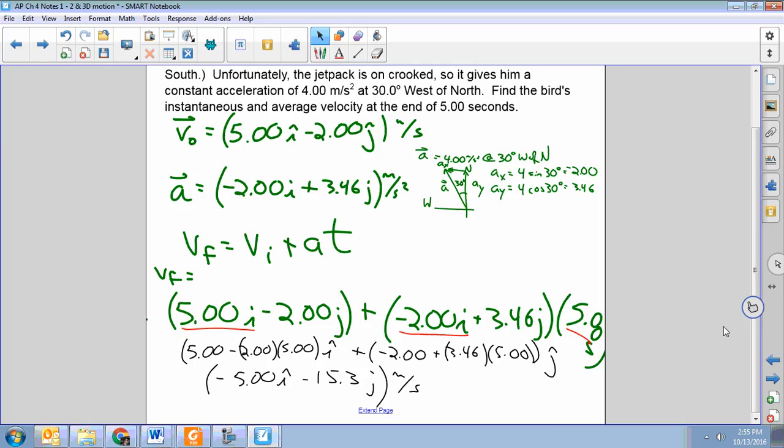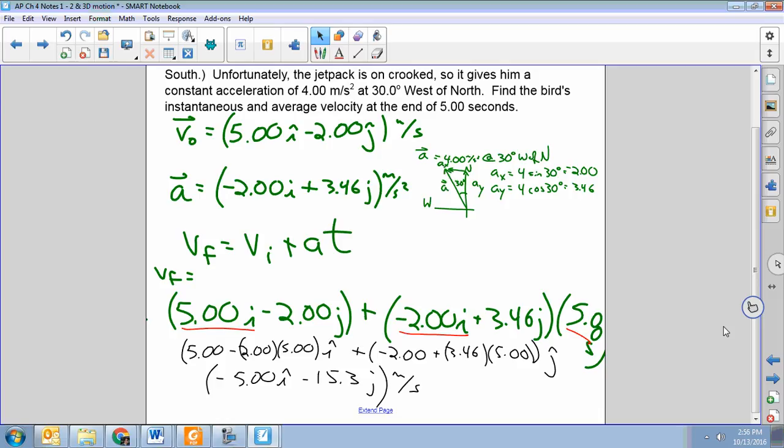Oh, find the average velocity. Okay. So finding the average velocity is a little bit harder. Oh, you know what? I'm lying. It's not bad. So here's why I was thinking it was bad. The definition of average velocity is change in position over time, right?